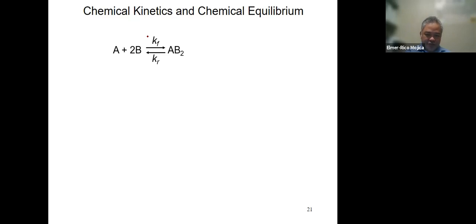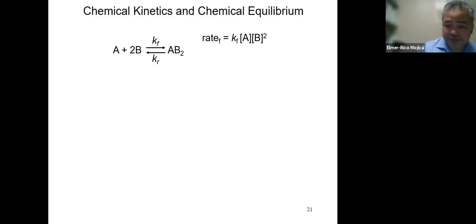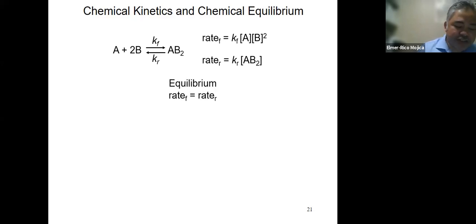So the forward rate is equal to Kf times A times B squared. So that's the rate of the forward reaction. Now the rate of the backward reaction, since this is reversible, you have here AB2. Okay. Now, since they are in equilibrium, we could say the forward and the backward reaction rates are the same. So how are we going to get the equilibrium expression from this?